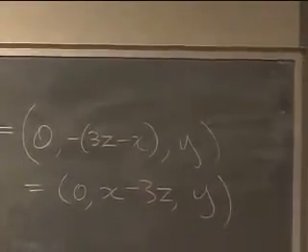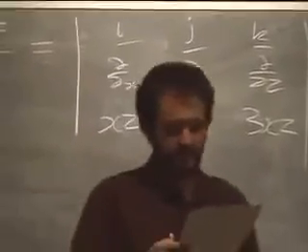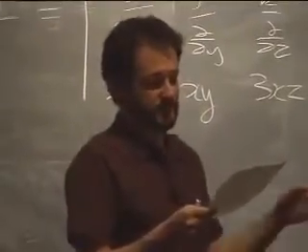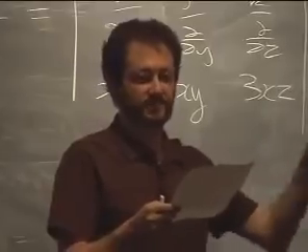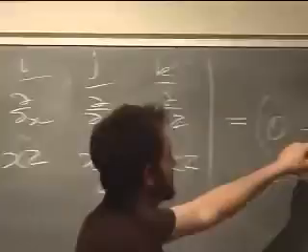Now that's not exactly what you had here, but you had x plus 3z, but the previous line was minus 3z minus x, so just be careful when you do this distributive law thing.